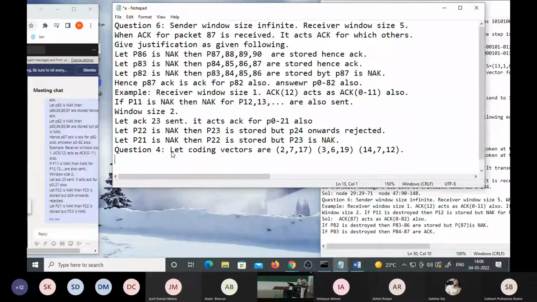What is the decoding vector? Or 3, 6, 19.